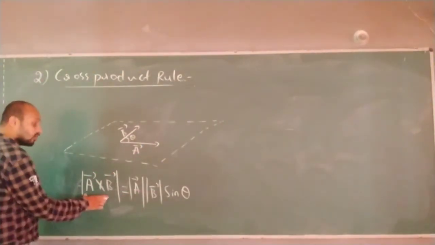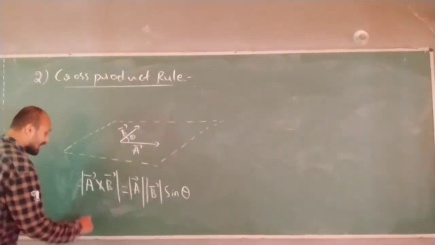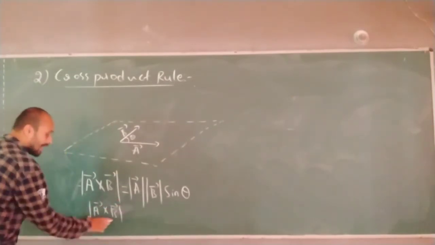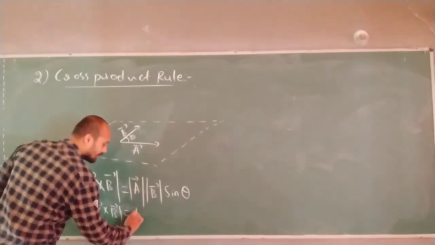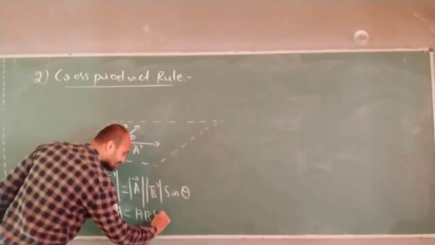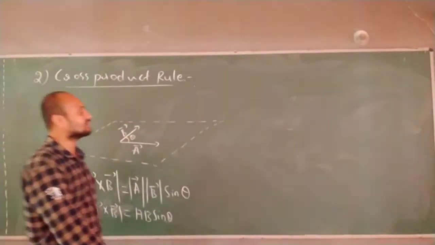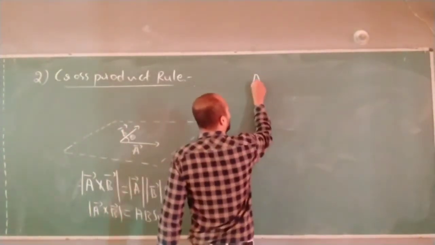The magnitude of vector A cross B can be written as AB sin theta.